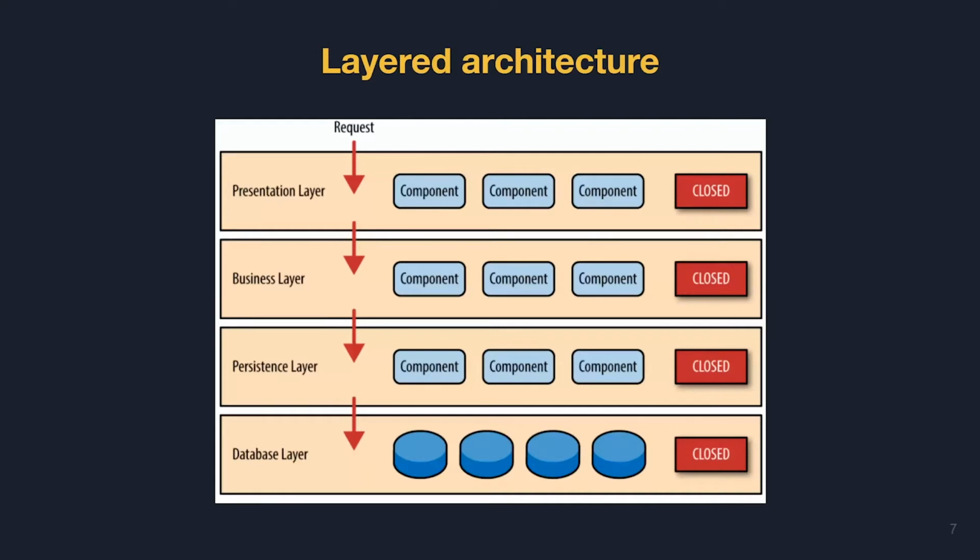If the presentation layer accesses the persistence layer directly, and we change something about the business layer, the presentation layer won't know about the change, and it may eventually break our app. So we usually have to follow the flow with this architecture pattern.